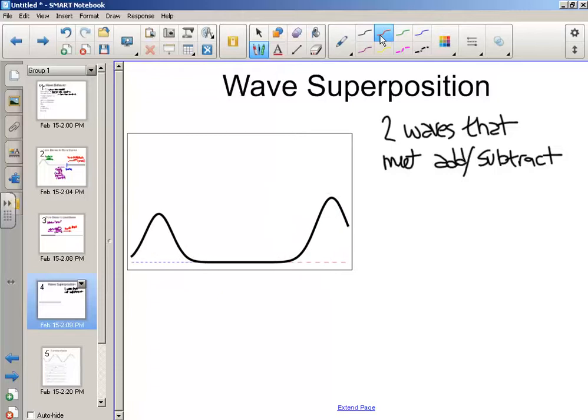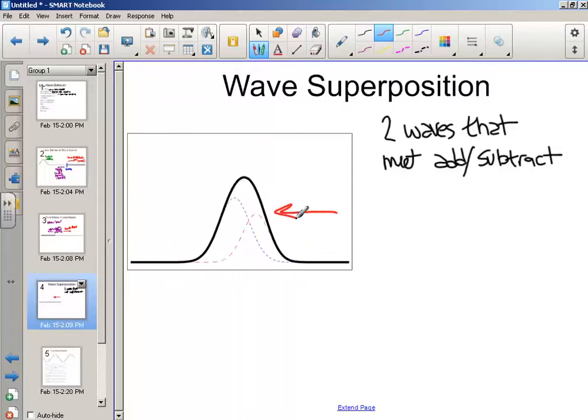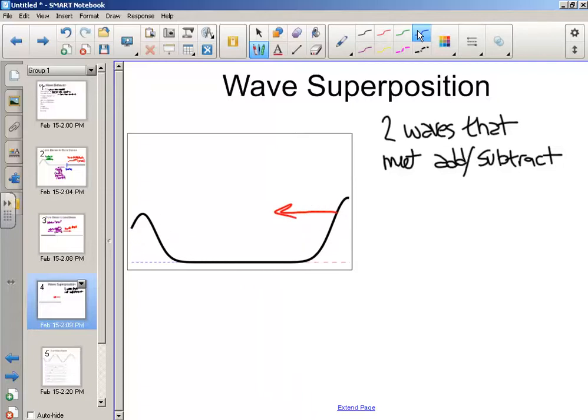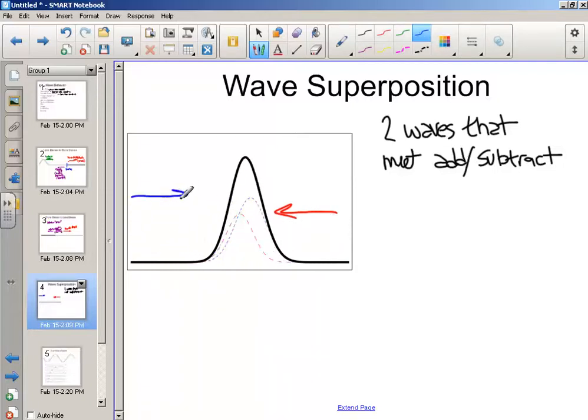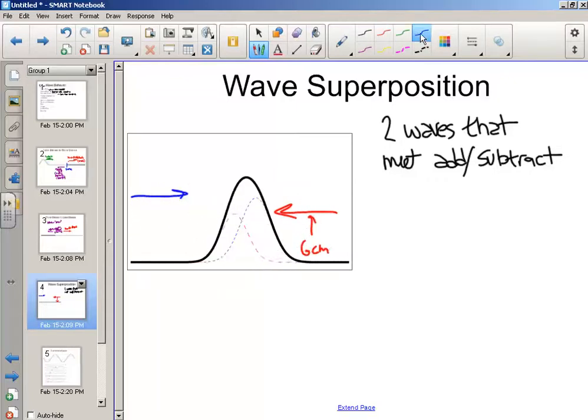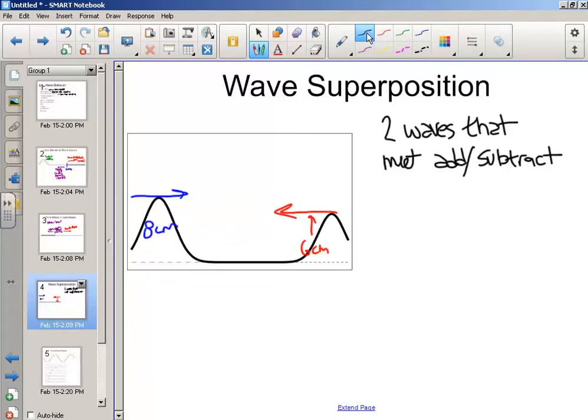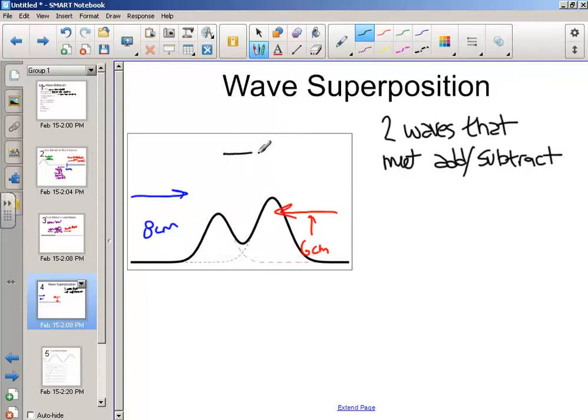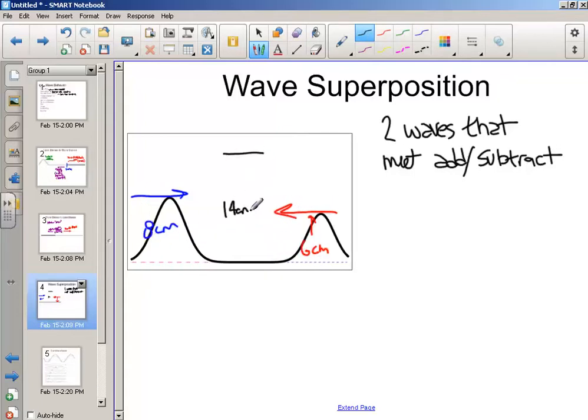I've got this smaller wave coming in, and if we were to actually measure its height, and then a larger wave coming in, these numbers physically add. Let's say this wave was 6 centimeters tall, and this wave was 8 centimeters. When these two waves come together, they should equal 14 centimeters. That's what the principle of superposition is: they physically add together.